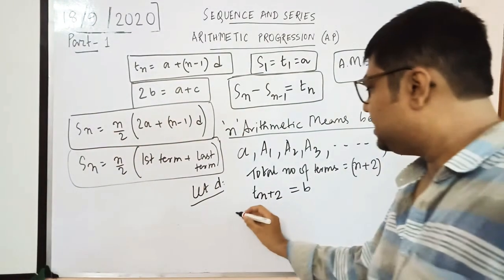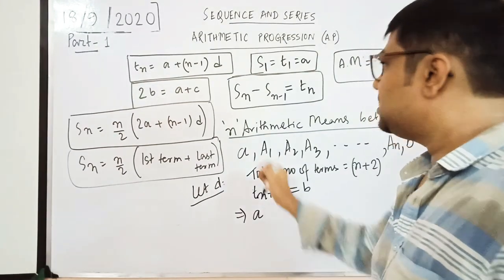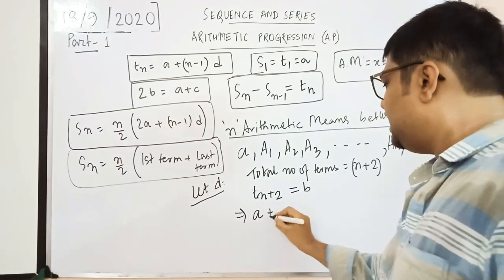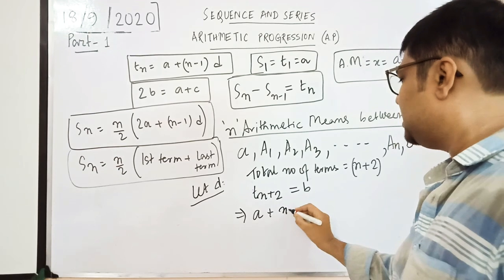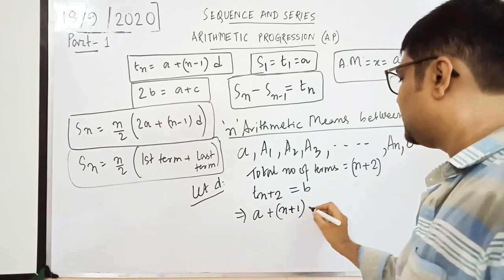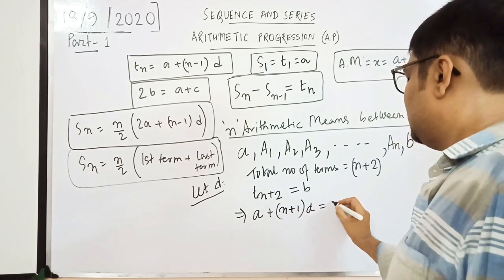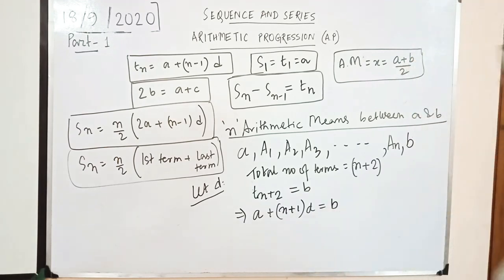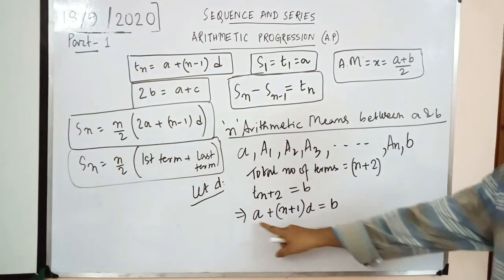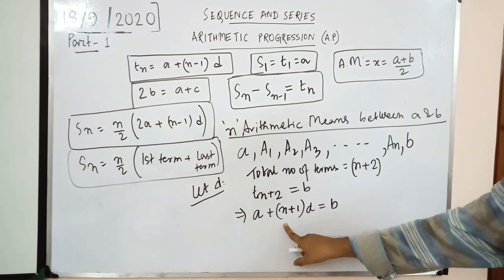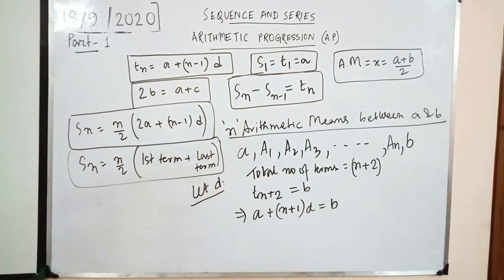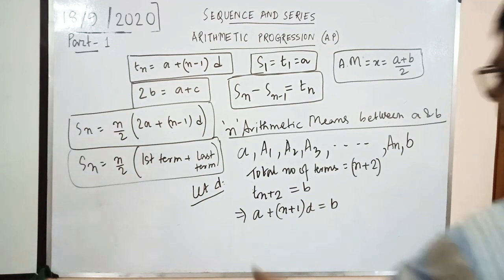And how do you write it? You know the first expression: a plus n plus 1 into d equals b. See over here, we know a, we know b, we know how many terms are to be inserted. We just introduced a new element d.